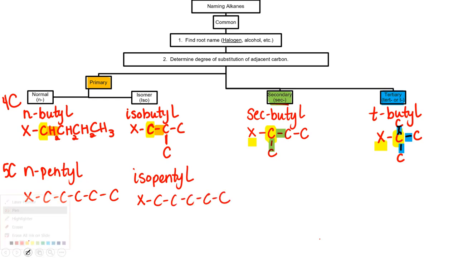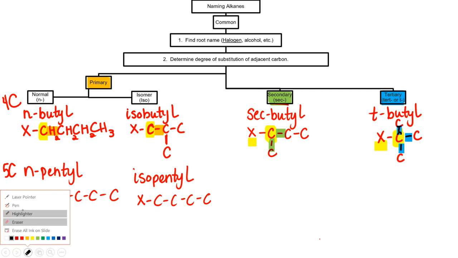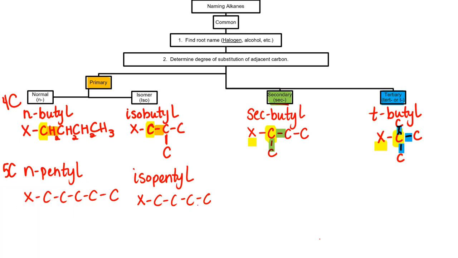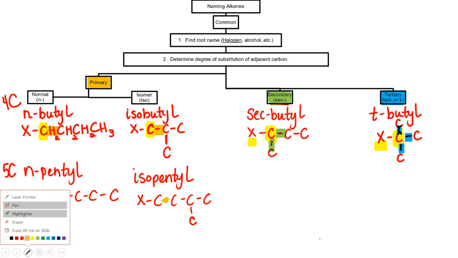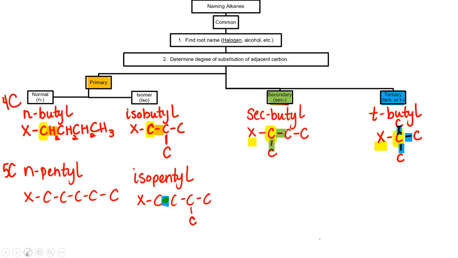In isopentyl, we're going to take one carbon off the end of the chain, and we're going to make that branch closest to the end of the chain. We need to make sure that this carbon of interest is only attached to one other carbon.